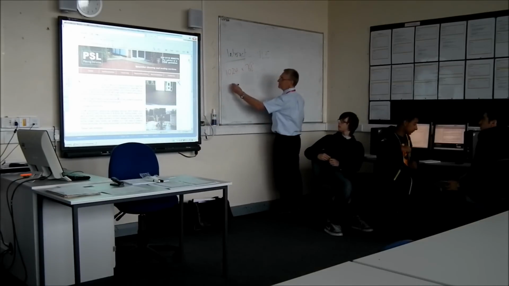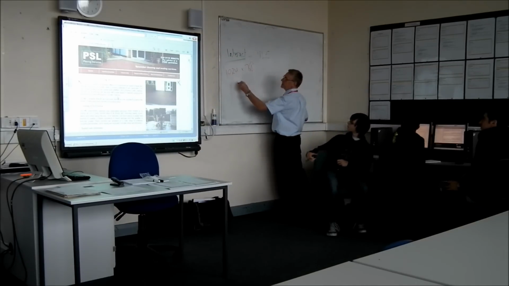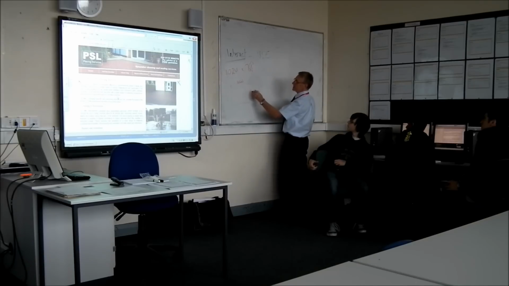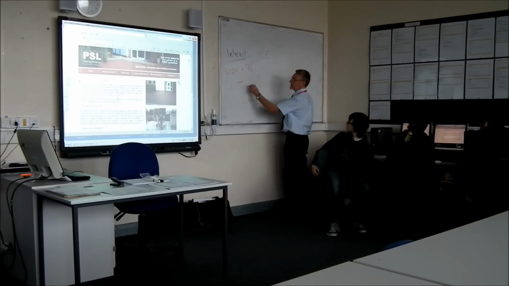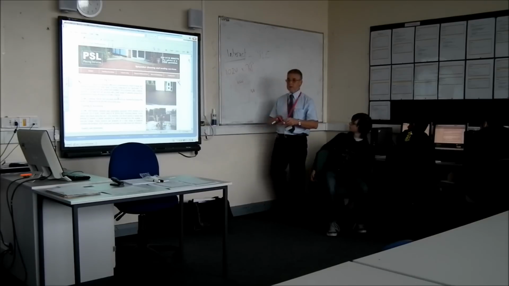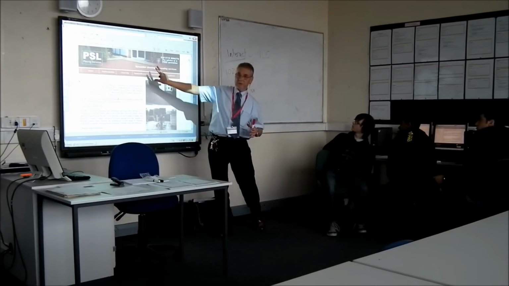If our screen is 1024 by 768, it means I've got 1024 dots of colour going that way, 768 dots of colour going that way. Each of those dots will be a different colour, and that's what makes up the image on the screen.